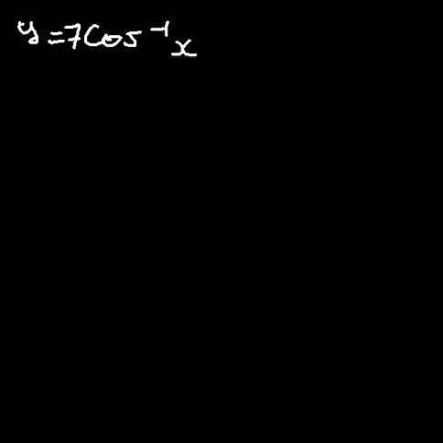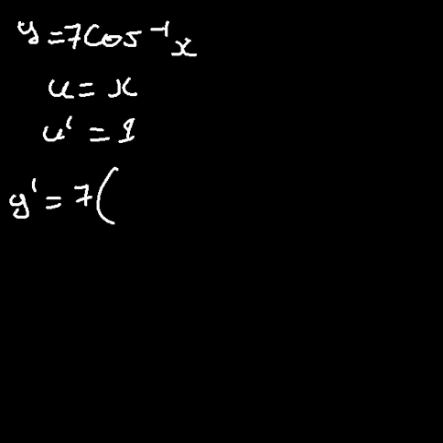So what is the differentiation key for cos inverse? First of all, we have to understand the inner function. What is the inner function? We have u = x. So what is u prime? We have it as 1, the derivative of x. Now what is the differentiation key for the cos inverse? It is given as negative u prime divided by the square root of 1 minus u squared.